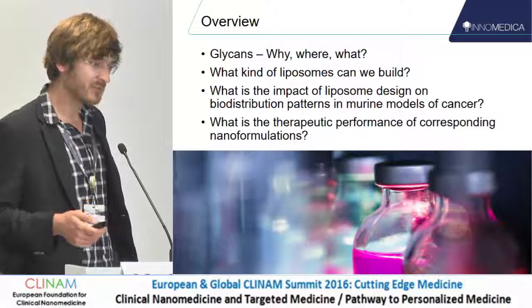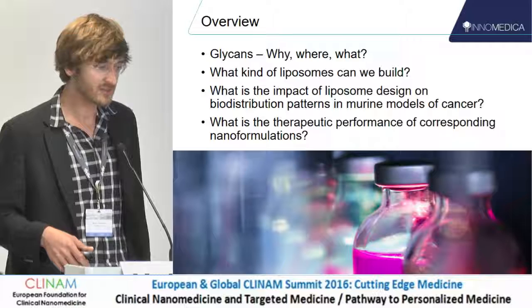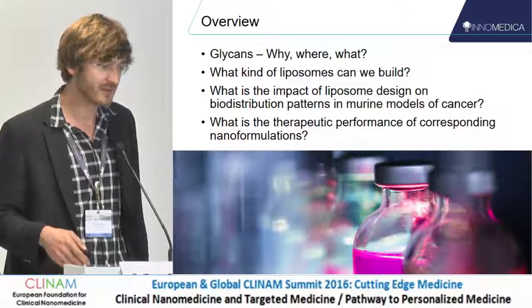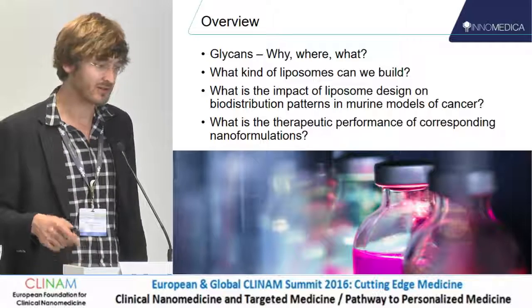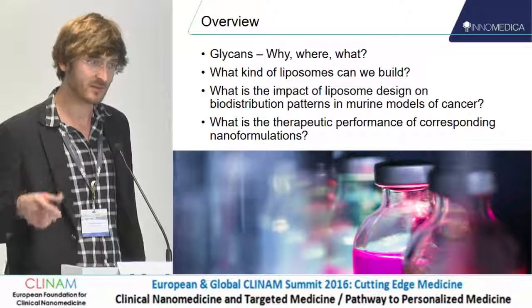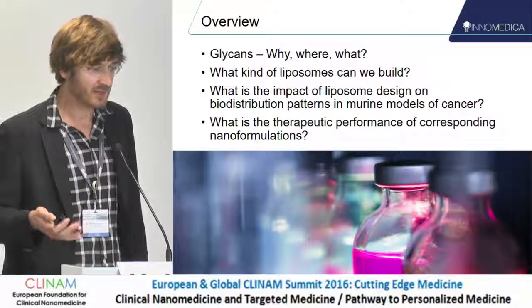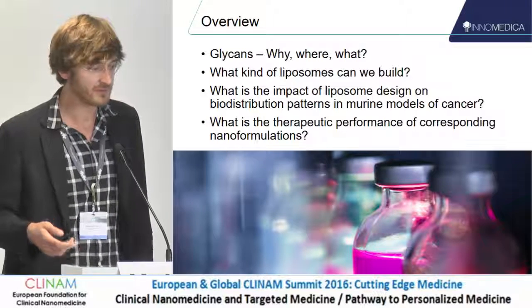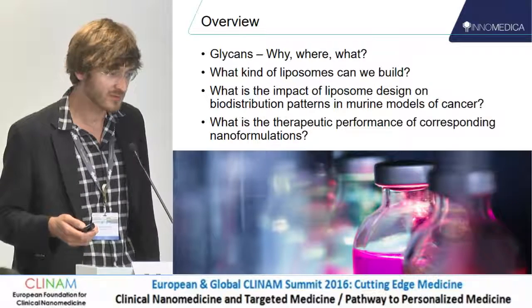So to give you a brief overview, I want to introduce the nature of glycans a little to you, why they are there, what they do, and where they actually are in biology, where they are located macroscopically and microscopically, what kind of liposomes can be derived from using glycans, and what kind of architectures are possible.